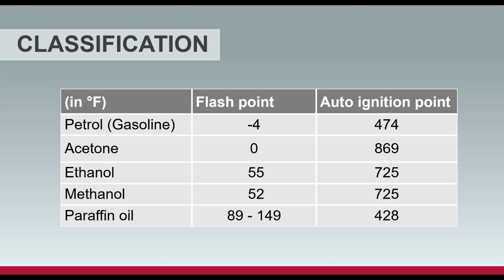Paraffin oil has a relatively high flash point and a relatively low auto ignition point. Gasoline, at -4 F, could catch on fire if any type of ignition source is given to it, but it has to go all the way above where paraffin oil is. And then acetone, ethanol, methanol, those are kind of standards. I throw those in there just so you can have an idea what that means.